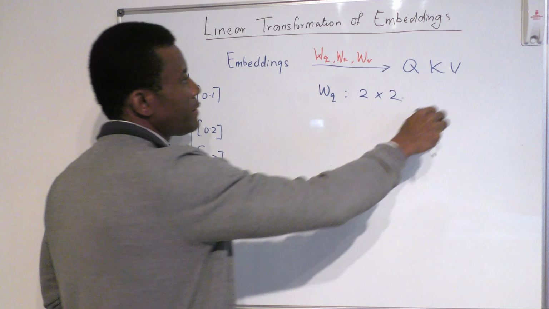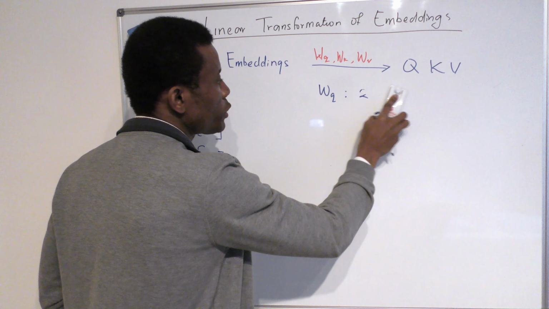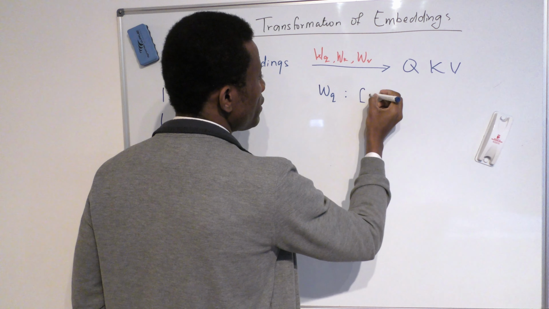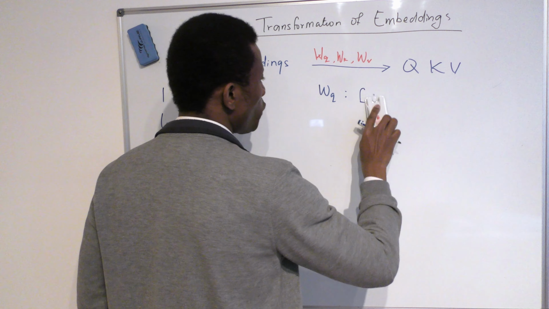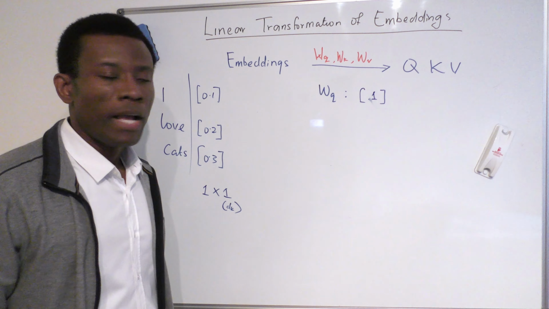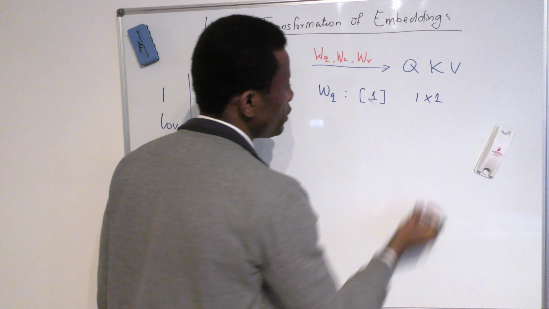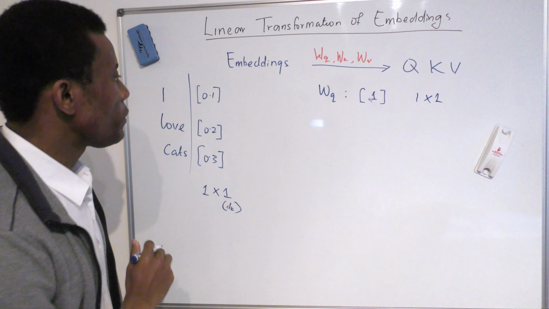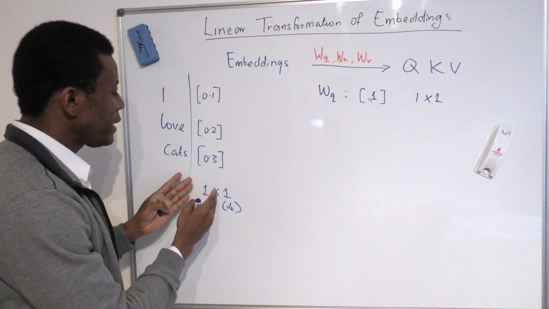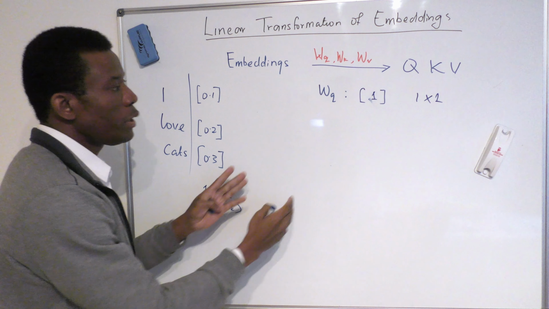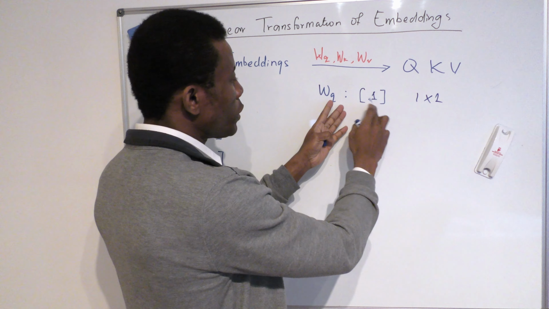So let's say WQ is just 1. The embedding here is 1 by 1. So we can now multiply a 1 by 1 vector by a 1 by 1 WQ.